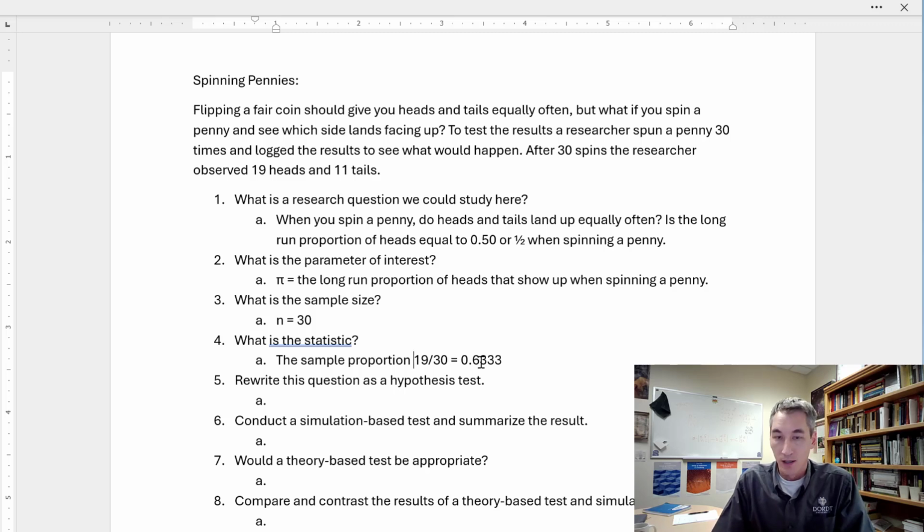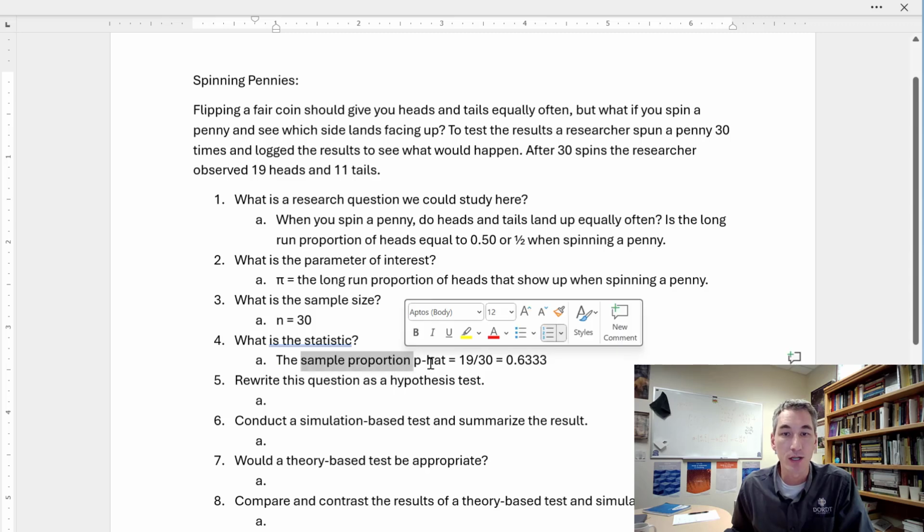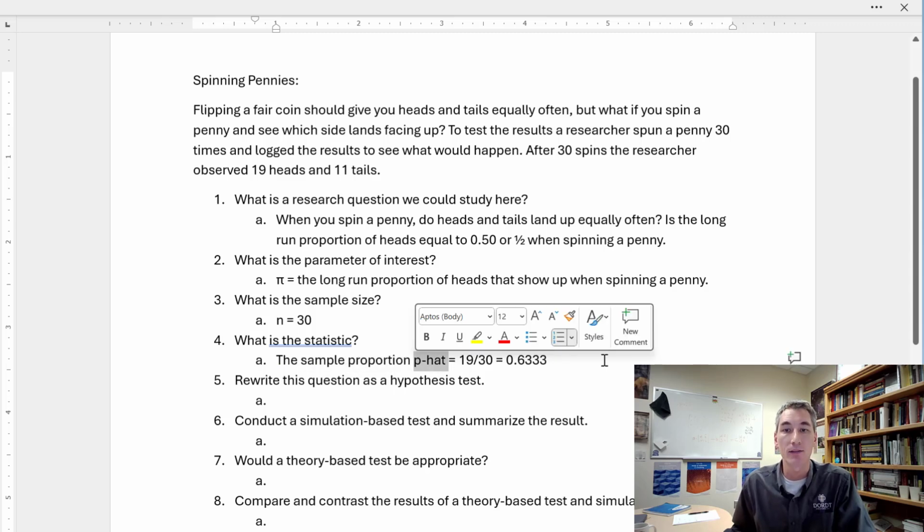We'd call that the p hat, right? The parameter is the Greek letter pi, and the sample proportion is that p hat symbol.